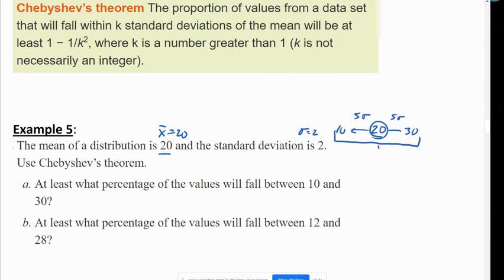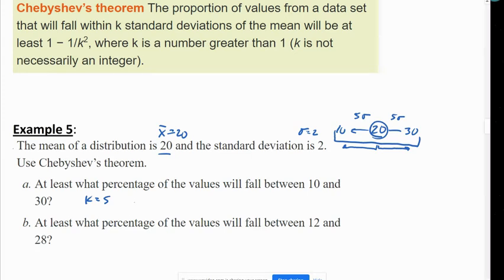You can go 5 sigmas above, 5 sigmas below. That takes you to 10 and to 30. And so k in this problem is 5, because it took 5 standard deviations to get from 20 down to 10 and 5 standard deviations to get from 20 up to 30. And so k equals 5.